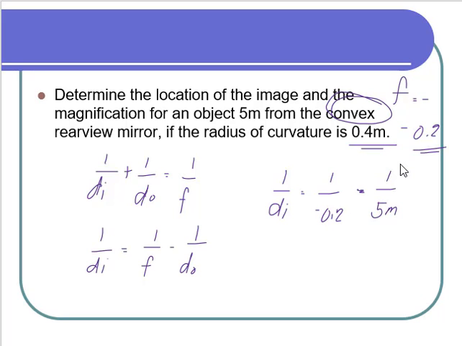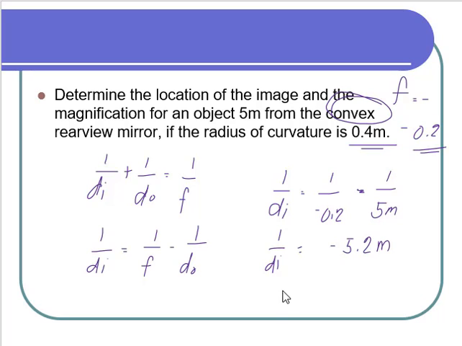So let's check. Okay, the answer here, 1 over di is equivalent to negative 5.2 per meter. However, we have to get the reciprocal so that we can get the distance of the image.